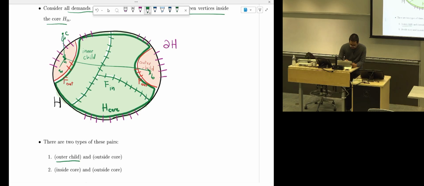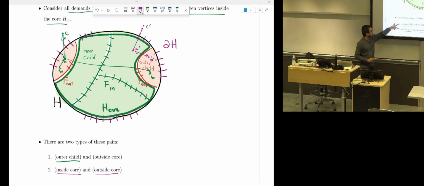Maybe these two. Yeah. Another type is where one is inside the core, and another is outside the core. So maybe like from A prime, B prime here, or A prime to C prime outside. Okay.